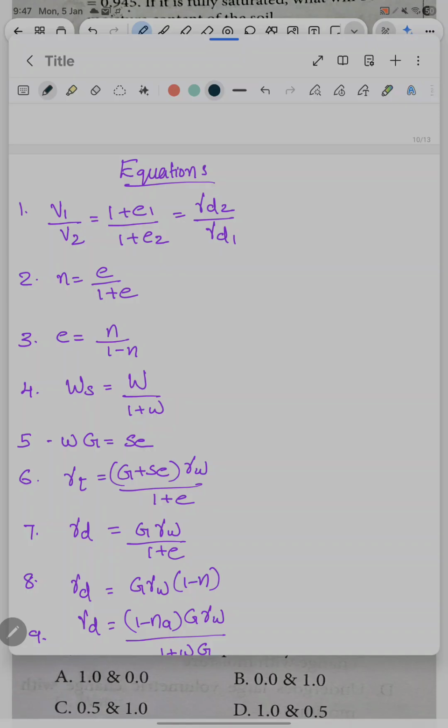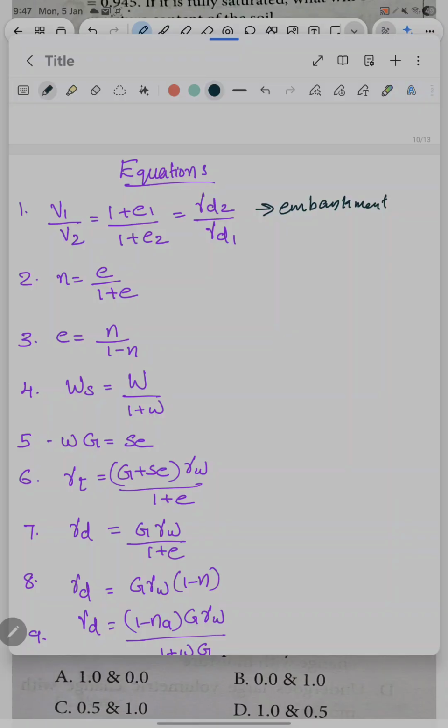First is V1 by V2 is equal to (1 plus e1) by (1 plus e2) is equal to gamma D2 divided by gamma D1. This we use in case of embankment, or when it is given as the initial volume ratio or initial dry density in the question.